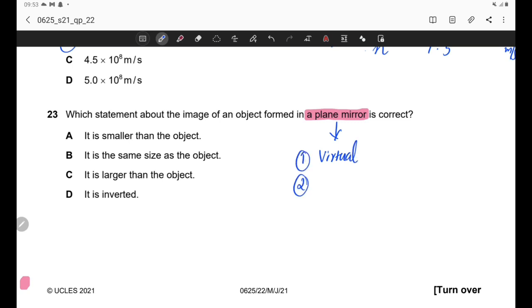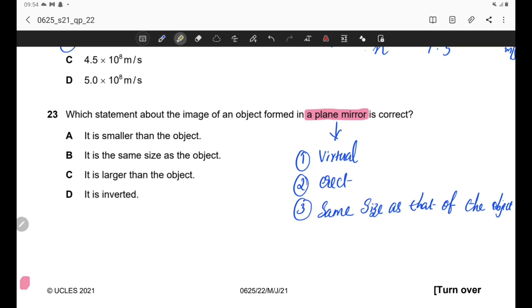Then it will be erect. And the third property is same size as that of the object. Now we can look at each option. Option A says it is smaller than the object. But we have seen about the size, it will have the same size as that of the object. Therefore, option A is wrong.